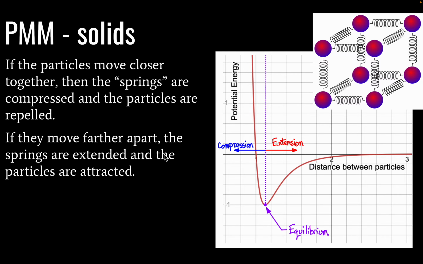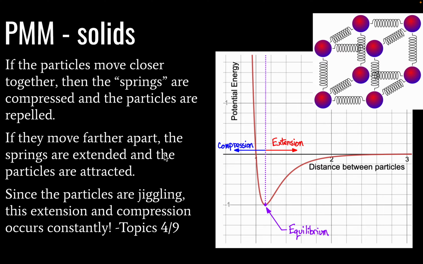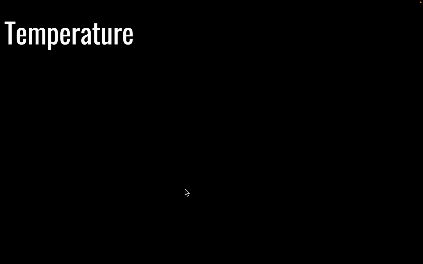We'll have stretched our springs out. Because our particles are actually jiggling, they're moving constantly, they're always kind of compressing and extending. And you could think of this as an oscillating mass on a spring, which we will do on topics 4 and 9, although not using this particular model just because things get a little complicated. We'll simplify things in topics 4 and 9. Don't worry.